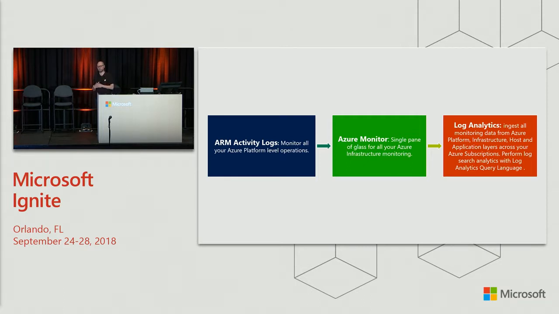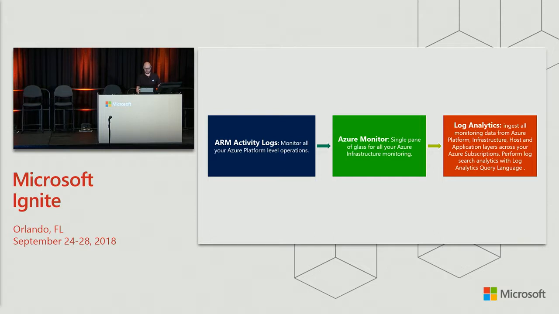And log analytics, as I said, ingests all types of data from VMs, from Azure Activity Log, from Monitor, for all different services. If you have a web application firewall, you can push these logs in there. If you have custom logs, you can push these logs in here. And you get all of this data in, and then you perform analysis or query that using the log analytics query language or custom query language, KQL.